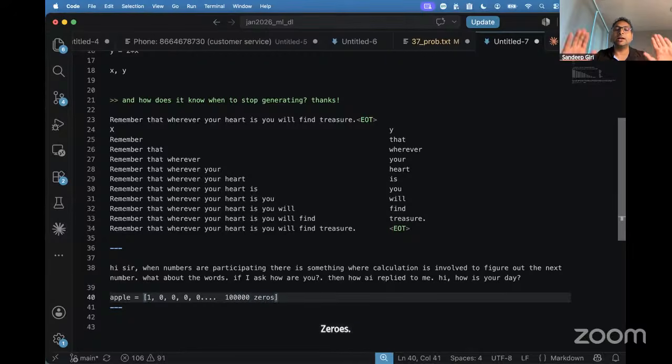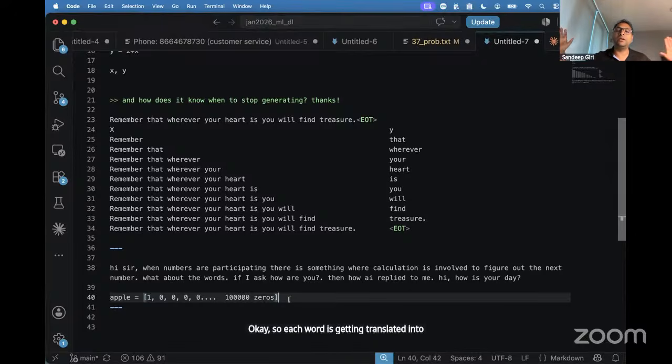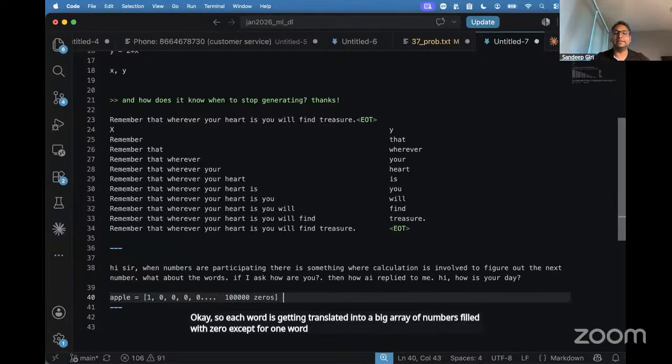Think of the whole dictionary as an array, and the word that is marked as apple is 1. So each word is translated into a big array of numbers filled with 0 except for one word. You can call this a one hot encoding scheme for words.